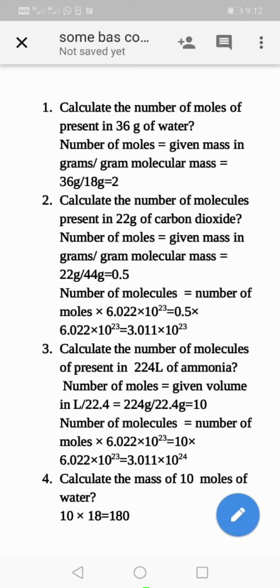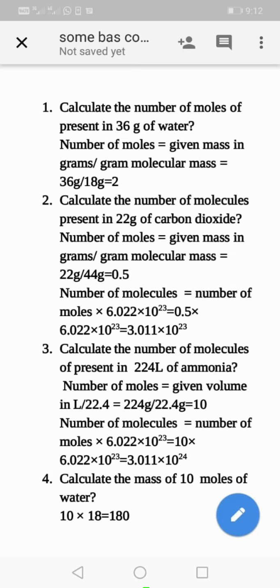The given mass is 22, so 22 divided by the gram molecular mass of carbon dioxide, which is 44 grams. So the left hand side is 22 divided by 44, which is equal to the volume. The volume is what's asked in the question, so it will be taken as x, so x divided by 22.4 liter. Just cross multiplication can be done, and you can find out the volume of the 22 grams of carbon dioxide.